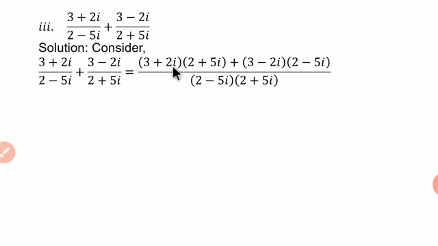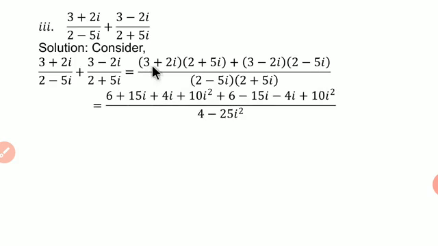So in the numerator we now get (3 + 2i)(2 + 5i) + (3 - 2i)(2 - 5i). Open the brackets in the numerator. We get 6 + 15i + 4i + 10i² + 6 - 15i - 4i + 10i².